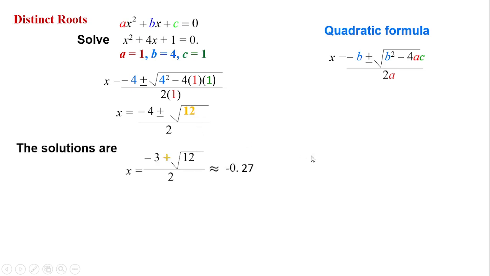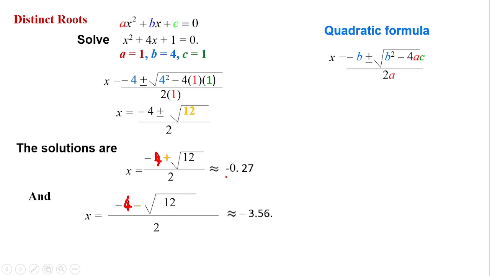So what are the possible values that you can get? This is minus 4 plus square root of 12 by 2, that is one answer. The other answer is minus 4 minus square root of 12 by 2.